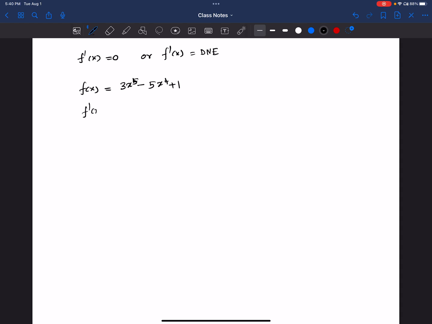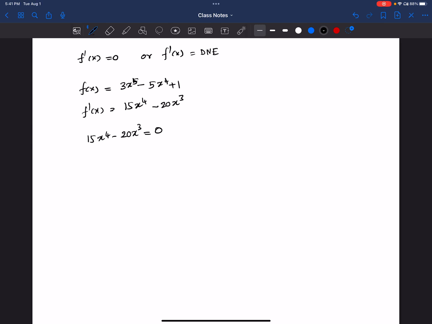So f prime of x is 15x to the power 4 minus 20x to the power 3. If you set this equal to 0, you get 15x to the power 4 minus 20x to the power 3 equals 0.